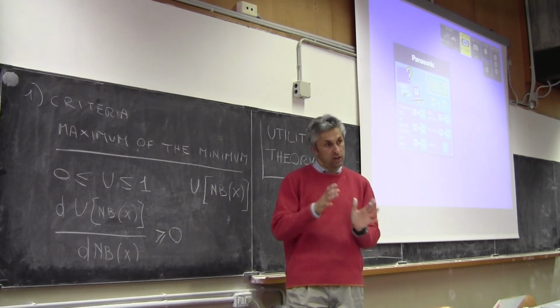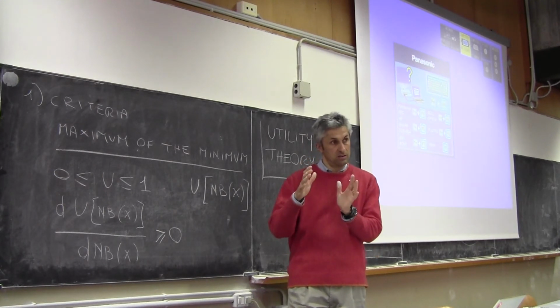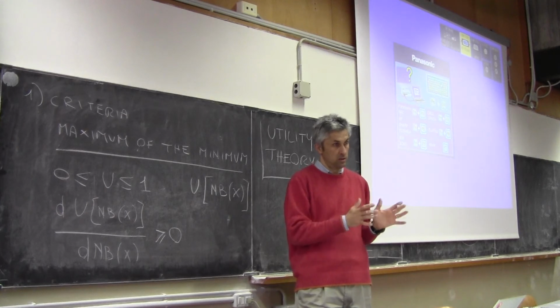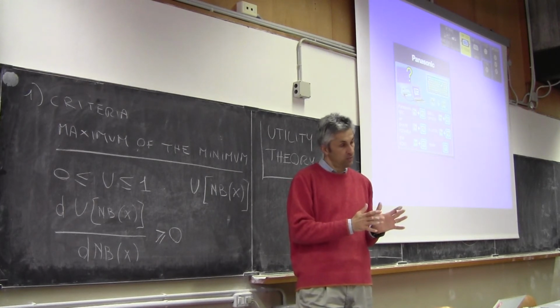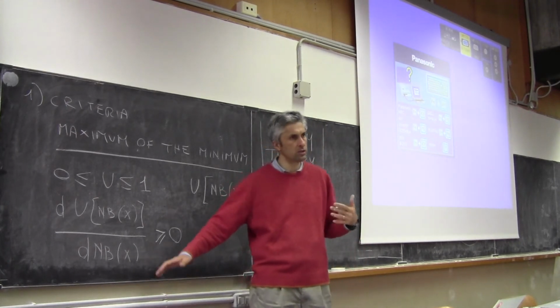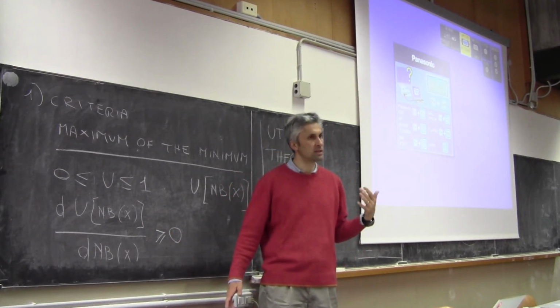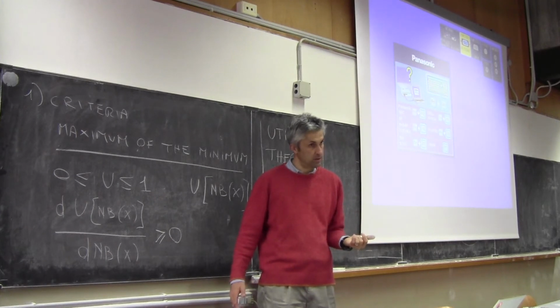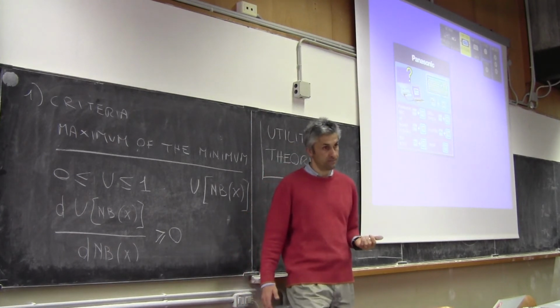Remember, high value of the benefit means high risk. Low value means low risk. Therefore, if you say, okay, I'm happy to give to a low benefit a utility of 1 already, this means that you like low benefits, which means that you don't like risk.